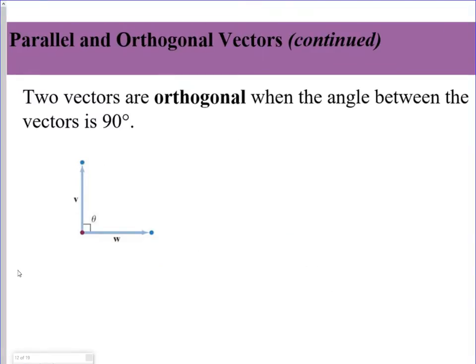Condition for orthogonal. They're gonna come up at right angles. So we don't call them right angles, we call them orthogonal. Orthogonal. When is it 90 degrees?